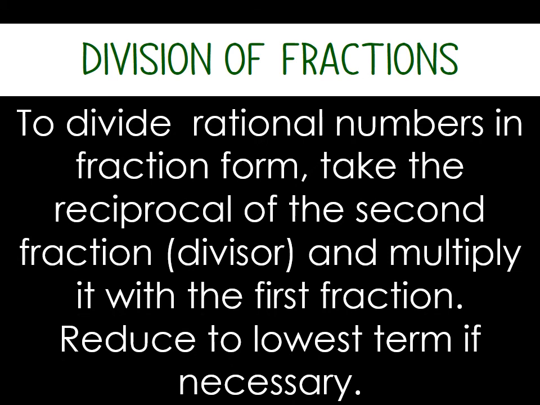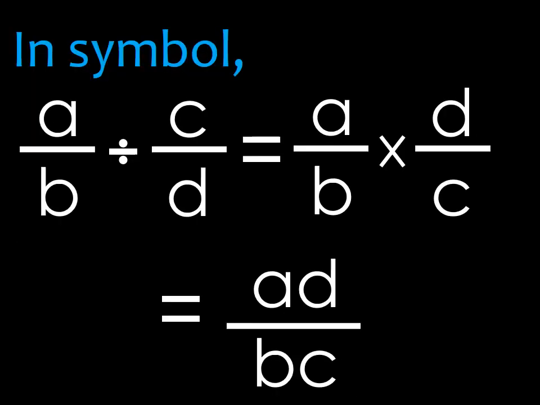Next, for division of fractions. So, for division of fractions, we have to take the reciprocal of the second fraction or the divisor and multiply it with the first fraction. Again, reduce to lowest term if necessary. So, in symbol, let's say we have the first fraction as a over b divided by the second fraction c over d.